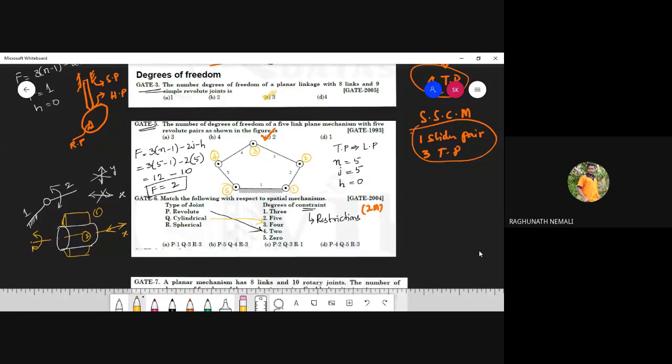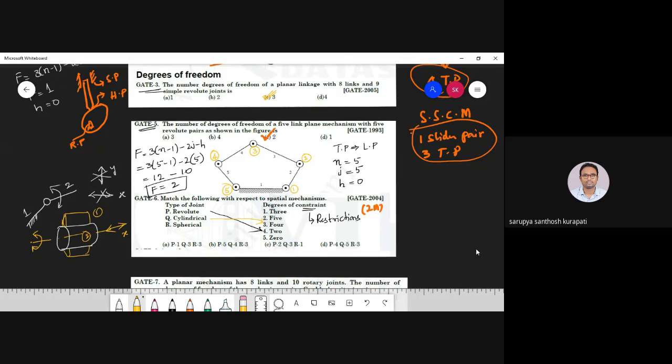Yes or no? 0 constraints, or 3? Do you have x-axis rotation in the spherical joint? Take an example of your head itself. You can rotate about the x-axis, y-axis, and z-axis.